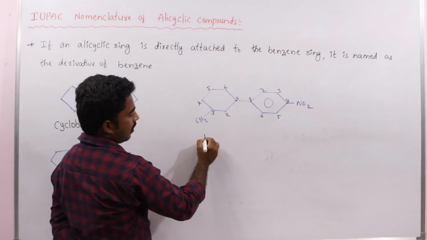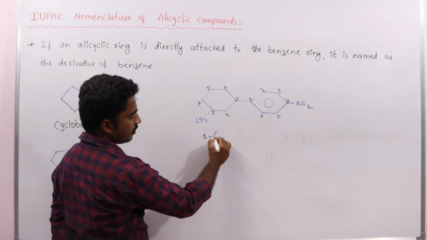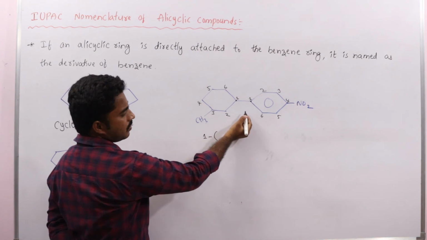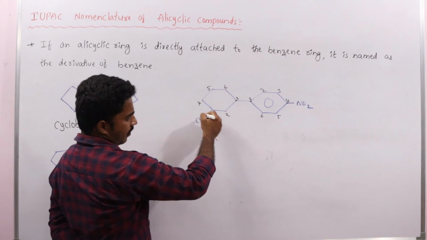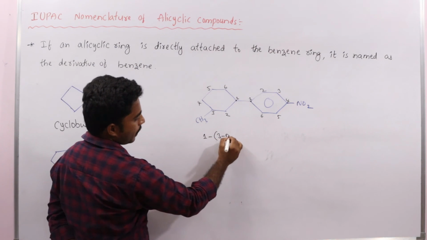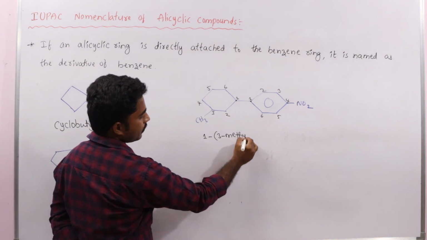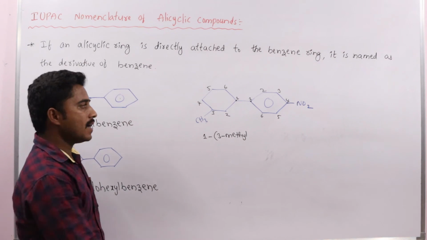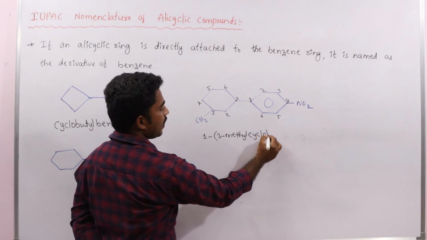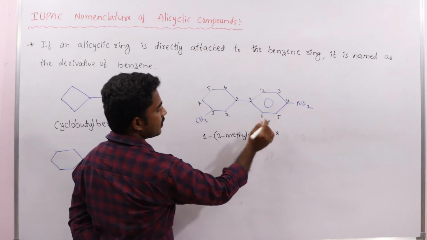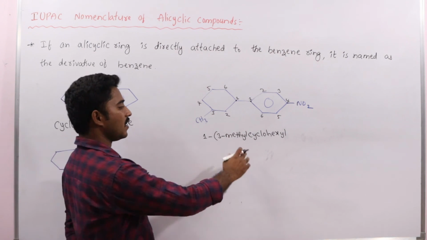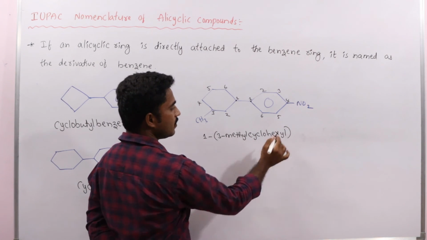The first carbon of the benzene ring has a substituent, that is 3-methylcyclohexyl, because it is saturated, that's why we are calling it cyclohexyl, bracket close.